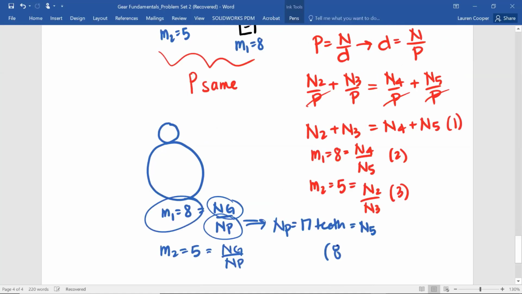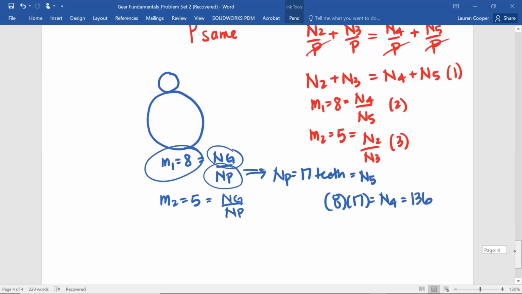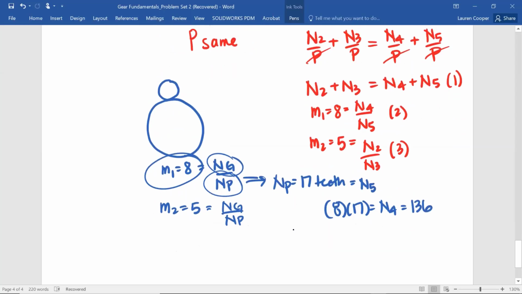We did this before. 8 times 17 would give us N4, 136. Okay, so now we have N2 plus N3 equals 136 plus 17. So N2 plus N3 equals 153.